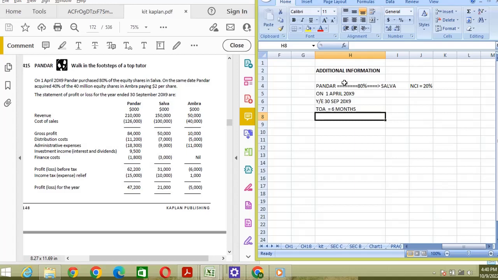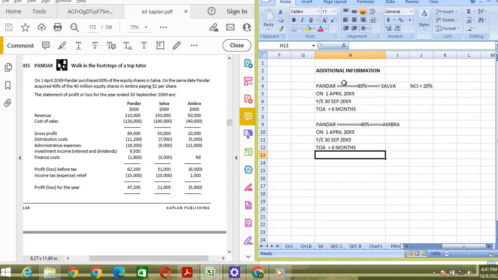Now on the same date, Pandar acquired 40% of 40 million equity shares in Umbra by paying 2 per share. Again, Pandar acquired 40% of Umbra, which means Umbra is an associate. The date is the same as above, 1st April 20X9, and year end 30 September 20X9, so time of acquisition is 6 months.